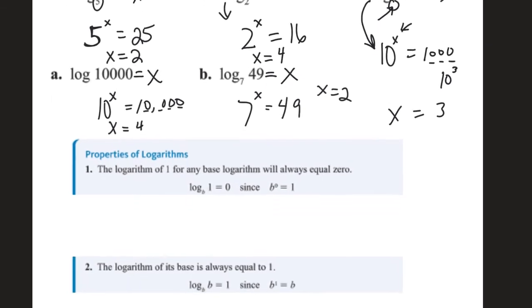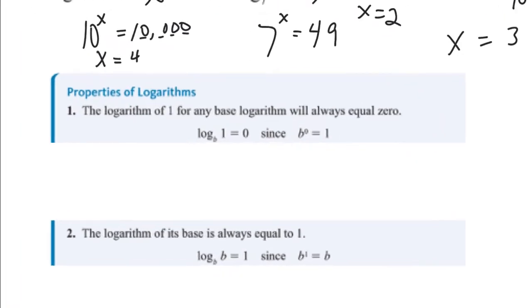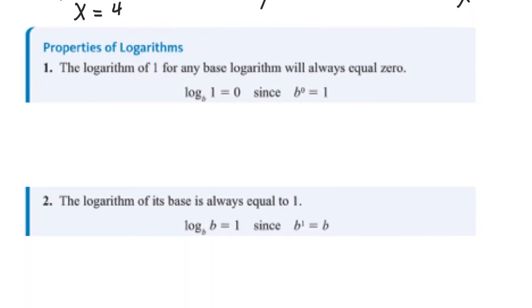Properties of logs. Just like any other math tool, there are certain things that will make your life a little bit easier if you're aware of them. The first property is that the log of 1, for any base logarithm, will always be equal to 0.